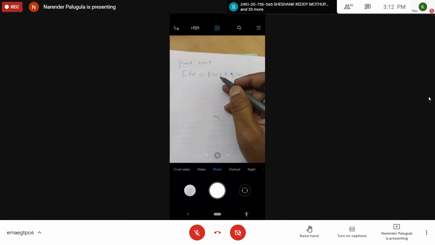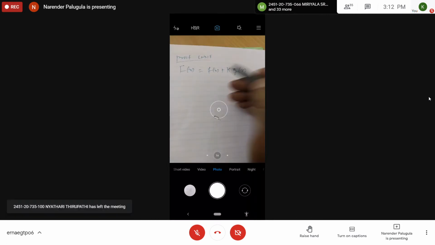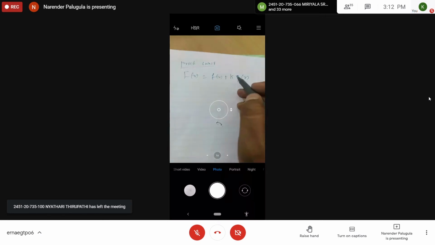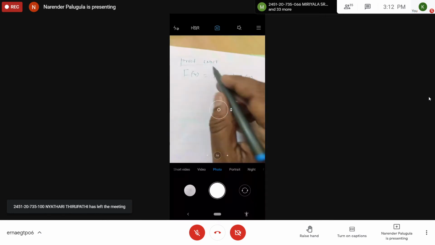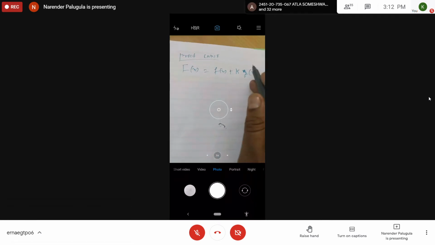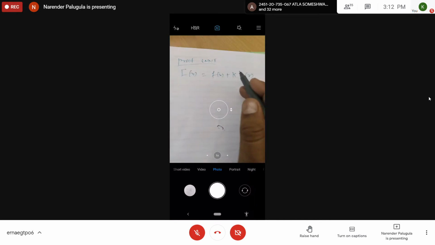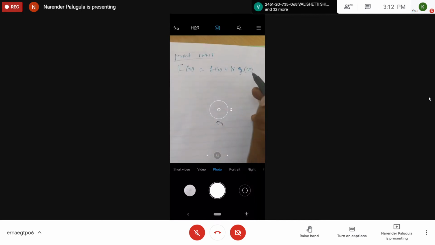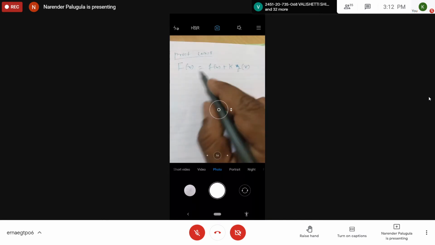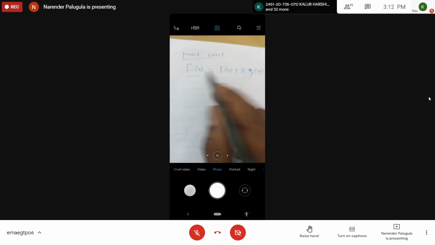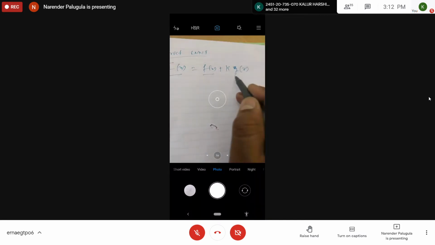In Lagrange's mean value theorem proof, we define the function capital F as f plus kx. But in Cauchy's theorem, just a small change: instead of x, plus g of x. F of x plus k g of x, the new function is a linear combination of our given two functions.